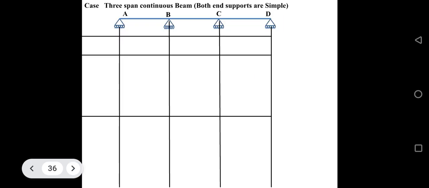Here the first case is taken, where both end support A and end support D are assumed as simple. For preparing the moment distribution table, I have assumed some random values as distribution factors: for joint B, 0.3 and 0.7, and for joint C, 0.2 and 0.8.